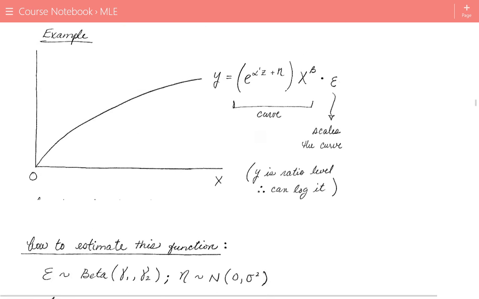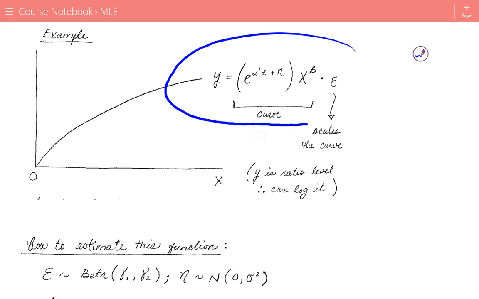So, for example, let's suppose that this gives us the relationship between the variables y, z, and x, as well as variables eta and epsilon. Eta and epsilon are going to be considered unobserved. So the observed variables are y, z, and x.